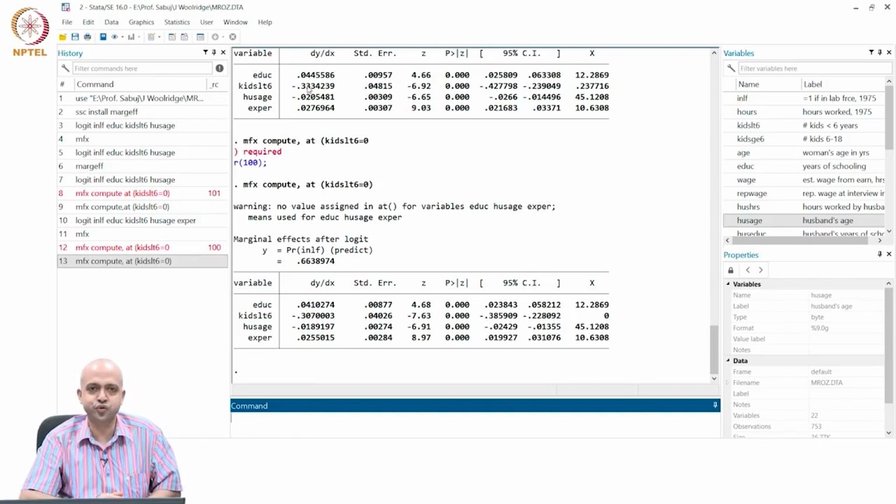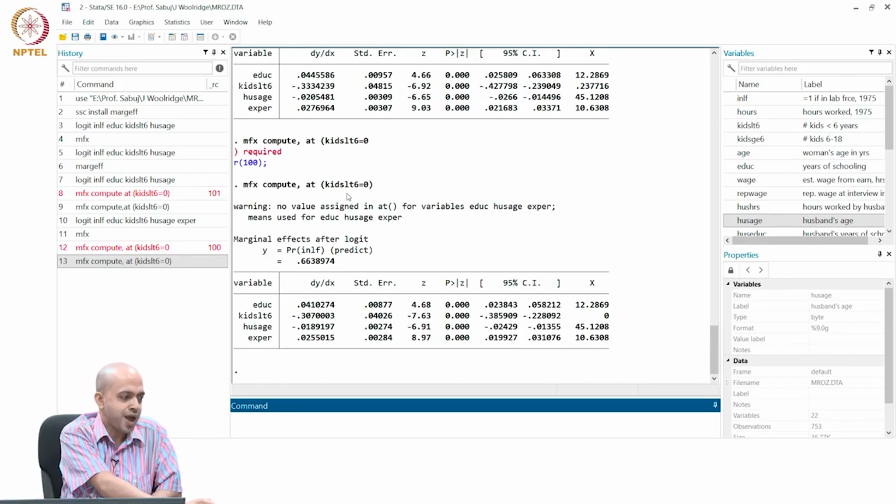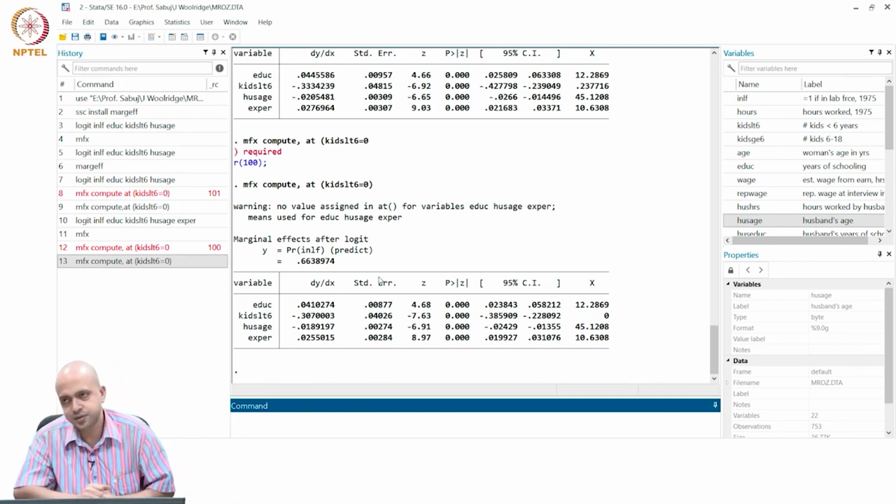Which makes sense also, because it is quite difficult to manage more kids than when you have the first one. So you can specify a specific value for x and calculate the marginal effect by this command, mfx compute at kids equals to 0, and similarly you can also put an education level or a specific value of husband's wage, and so on, based on your research interest.